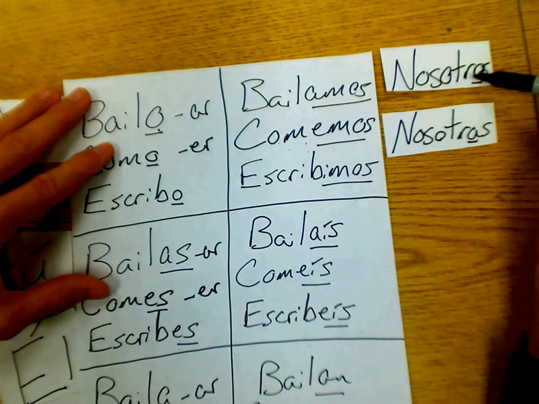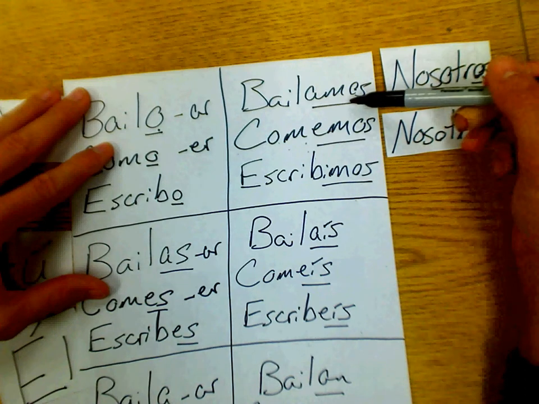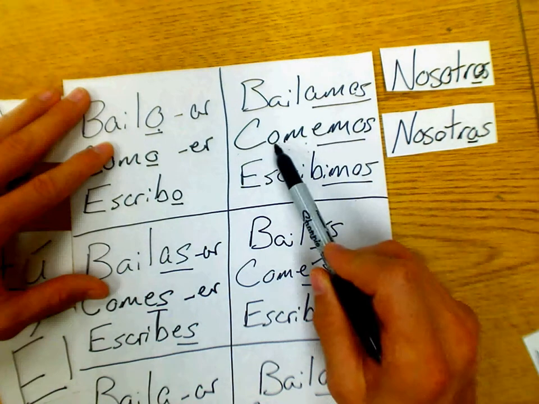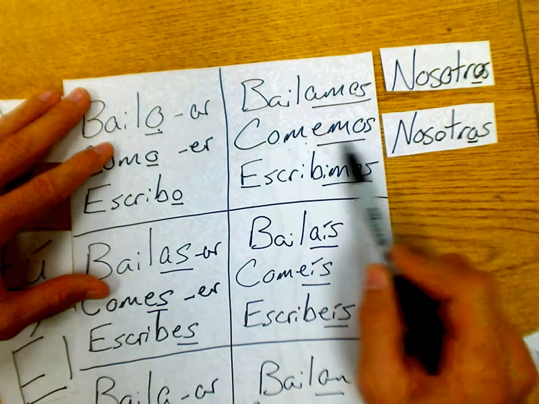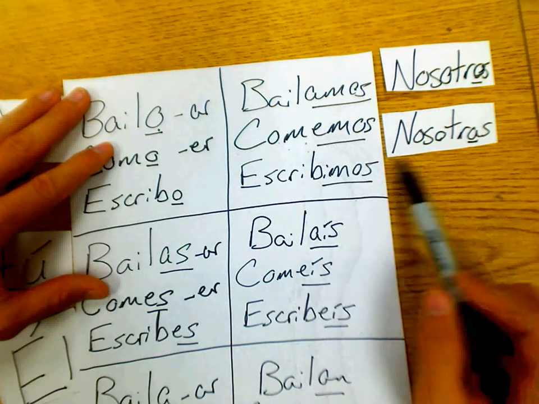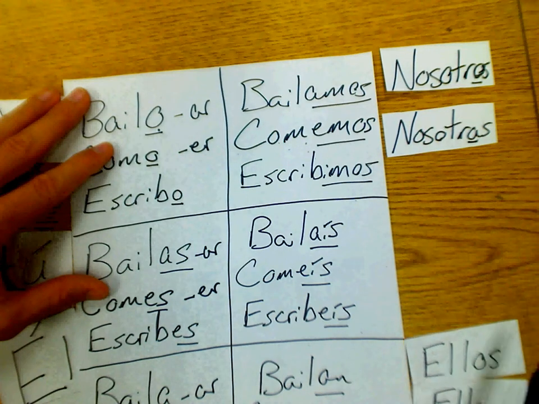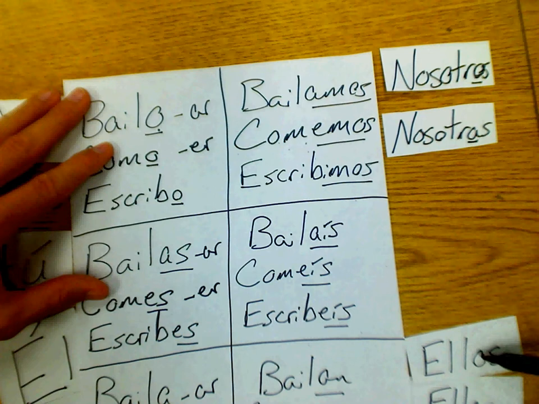Remember, nosotros means we, so we dance. Nosotros or nosotras comemos. We eat. We're down here. Ellos, ellas, and ustedes. Ellos, they bailan. Ending is an. They dance. They eat.